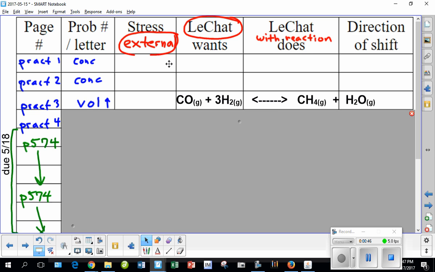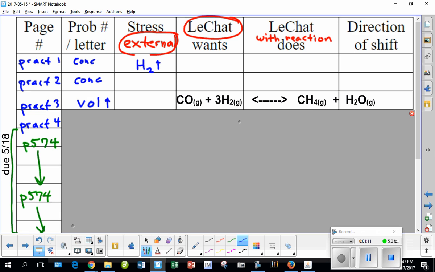So there's stress and there's what LeChat does. Let's look at what happens if we increase the amount of hydrogen. The way we write that is like this.